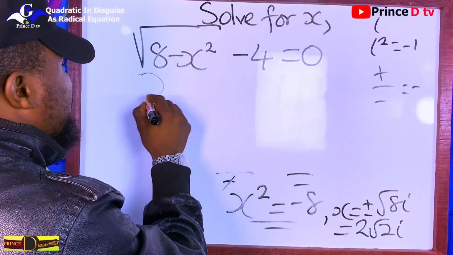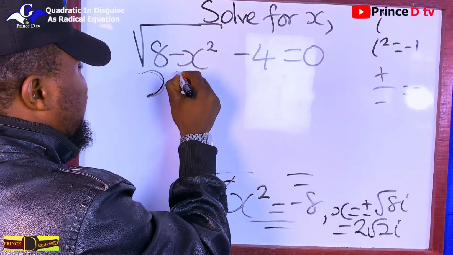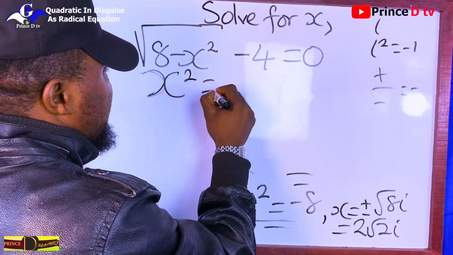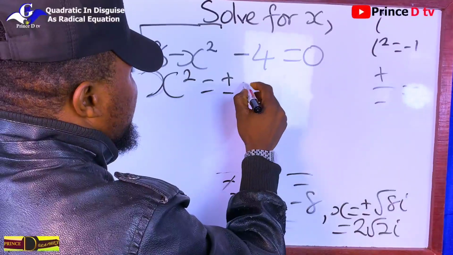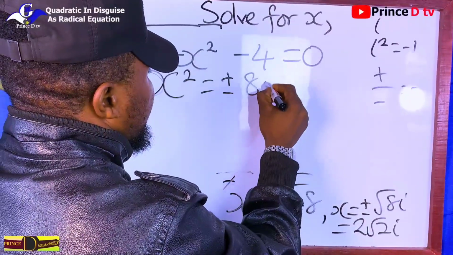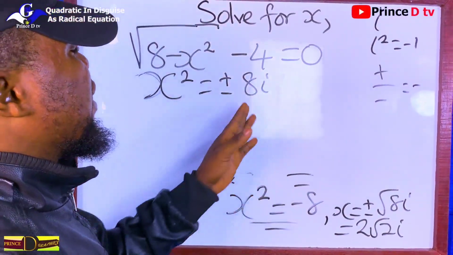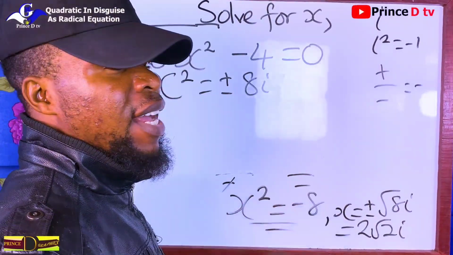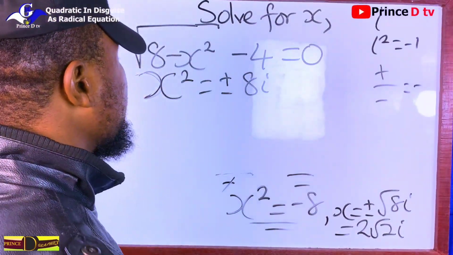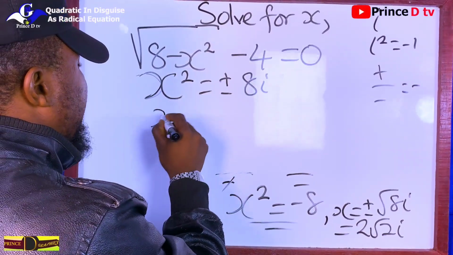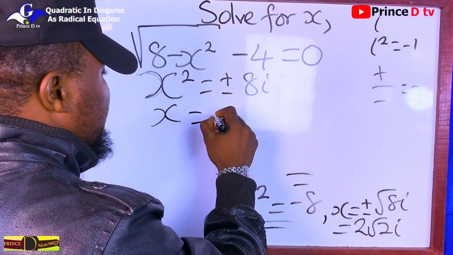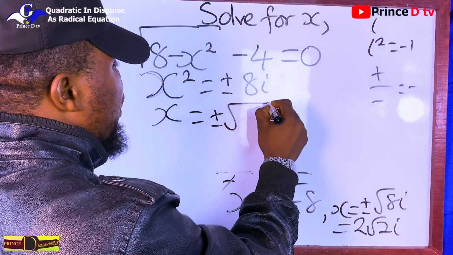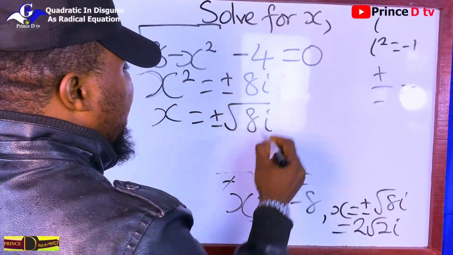Remember, our x squared is equal to negative 8, which gives plus or minus 8i. Remember, the i is coming as a matter of fact that we have taken care of the negative sign, the complex number, right? So our x is equal to plus or minus the square root of 8i.